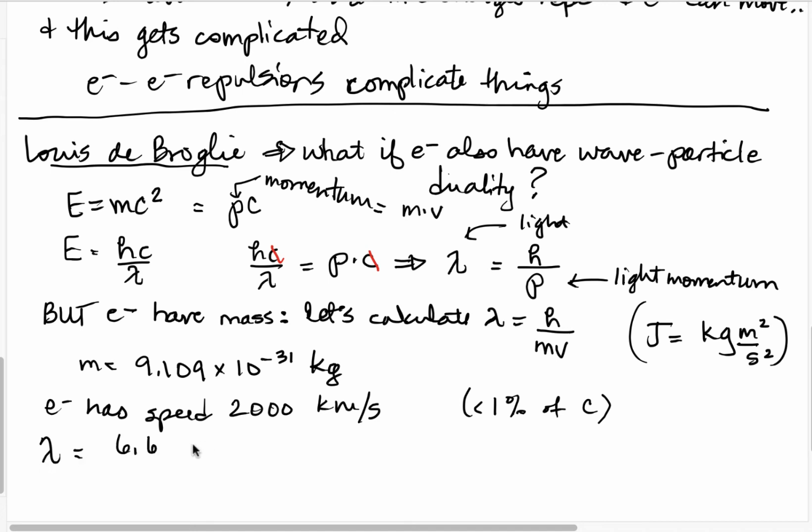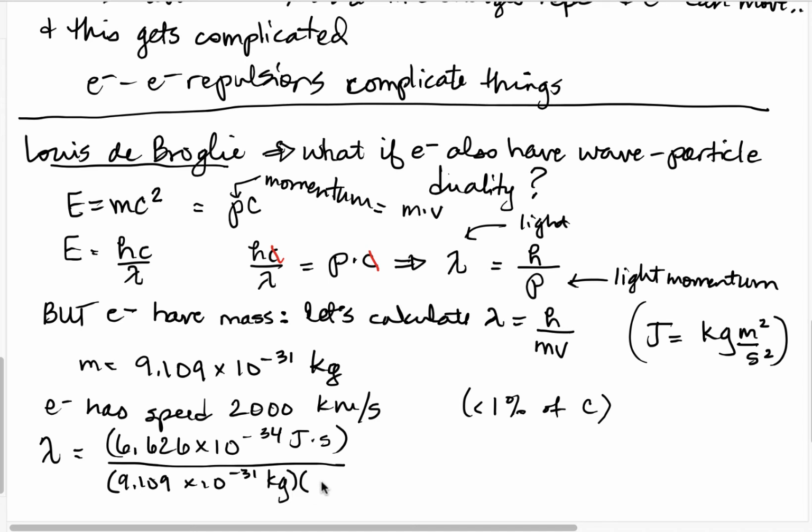All right, so 6.626 times 10 to the minus 34 joule seconds divided by the mass, 9.109 times 10 to the minus 31 kilograms. And the speed is 2,000 kilometers per second, so we'll say 2,000 times 10 to the 3 meters per second. So if you want to see what the units are doing, joules, I said, was kilogram meter squared per second squared.